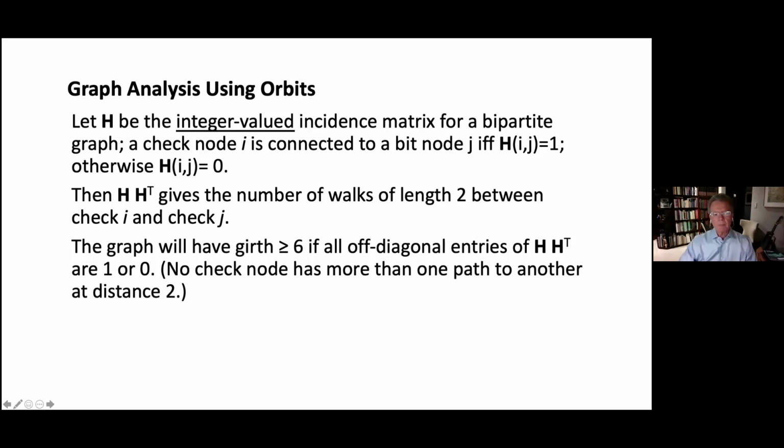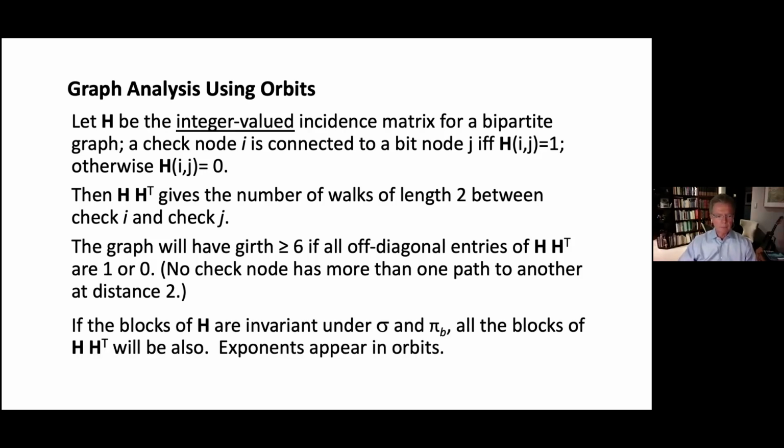So the graph will have a girth greater than or equal to 6 if all the off diagonals of this product of integer matrices are either 1 or 0. They can't be 2 or greater, because that would mean there are multiple paths, and therefore there is a cycle of size 4. So I can analyze that graph.